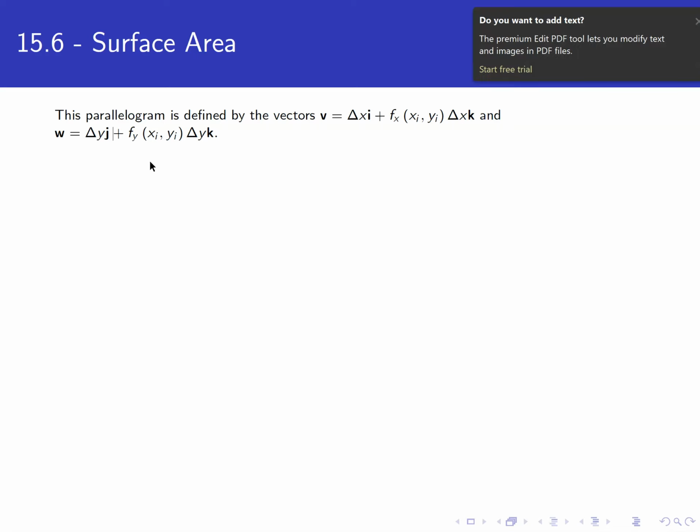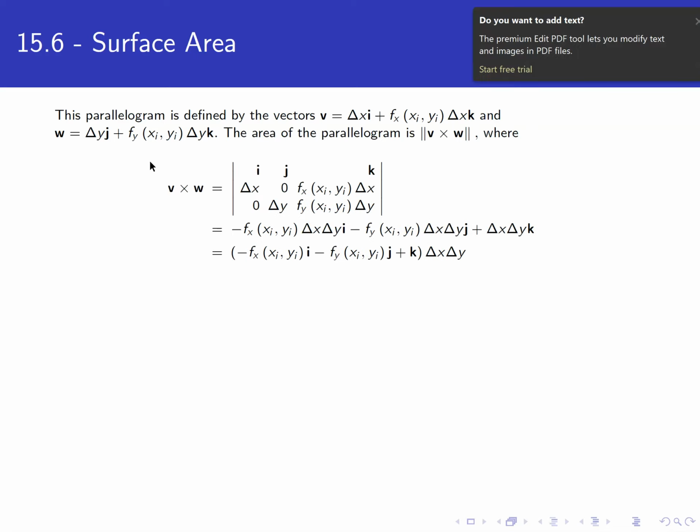Now that we have the form of those vectors, I can calculate the area of the parallelogram defined by those two vectors as the magnitude of the cross product. So we can use our usual way of finding the cross product with a determinant, and we notice that we will get a delta x delta y in every single term that we can factor out.